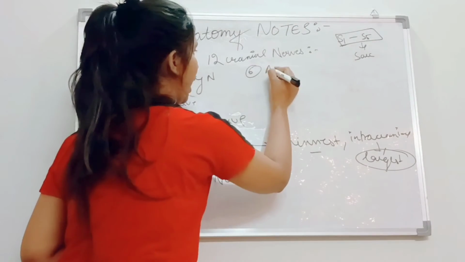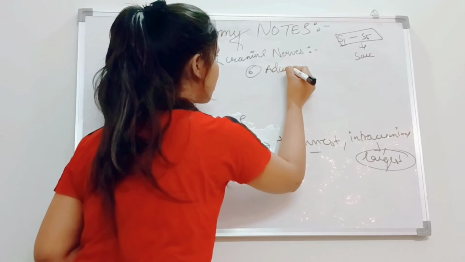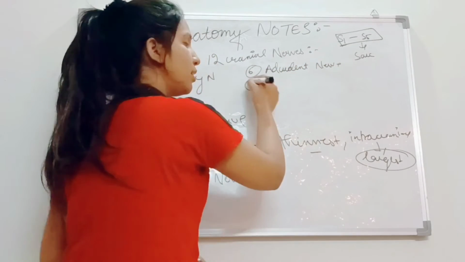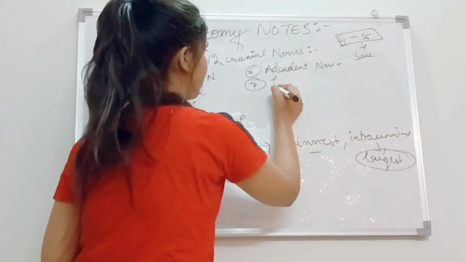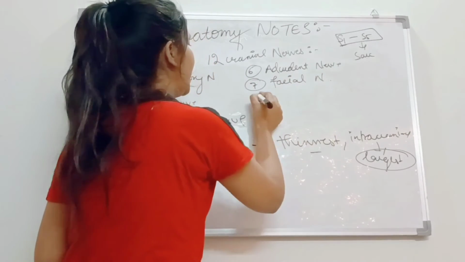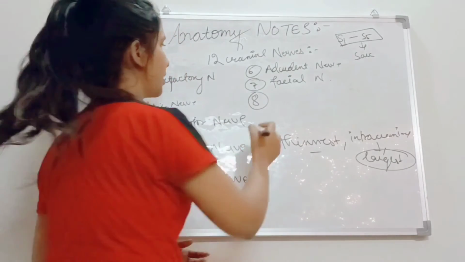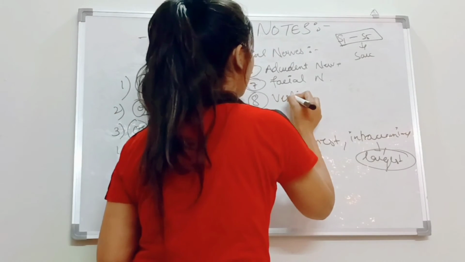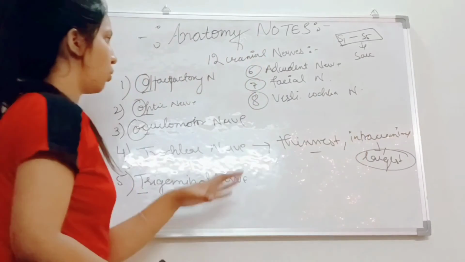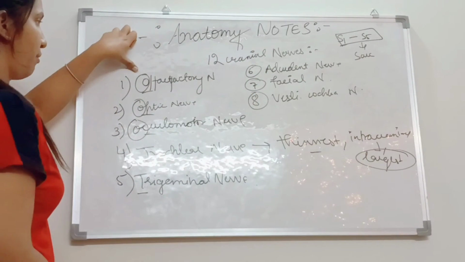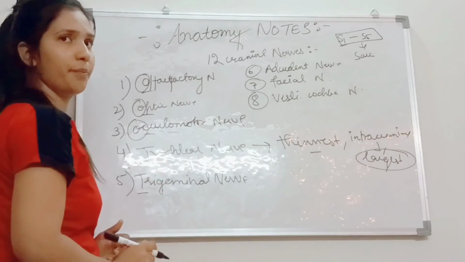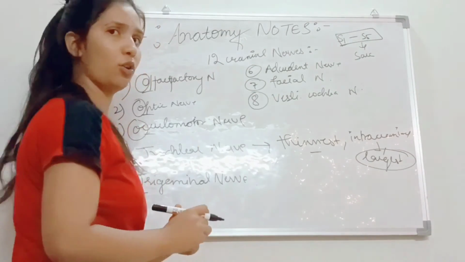Sixth is known as the abducent, the seventh is the facial nerve, and the eighth is the vestibulocochlear nerve. So: olfactory, optic, oculomotor, trochlear, trigeminal, abducent, facial and vestibulocochlear nerve.